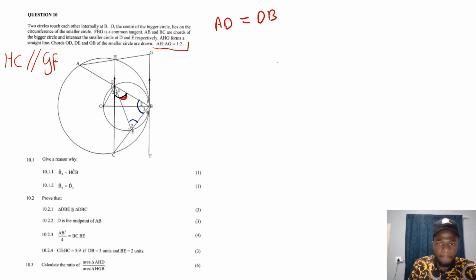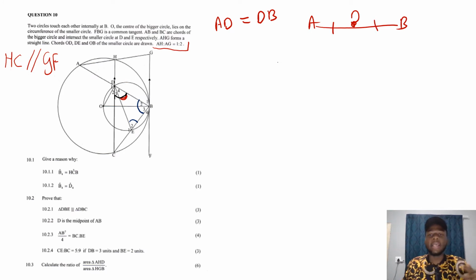Because this is the line A, here we have D, here we have B. If we have proved this length and this length are equal, AD and DB, it means that D is the midpoint of AB. That's how we prove. So in maths it is very simple. You just need to know how to answer this question.